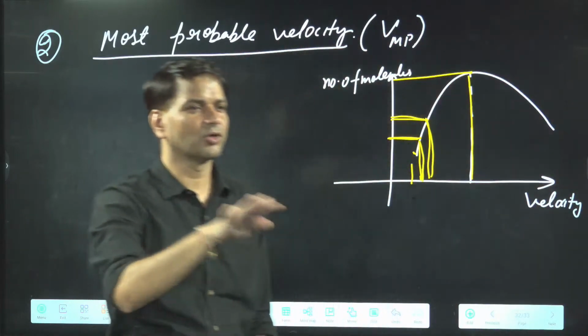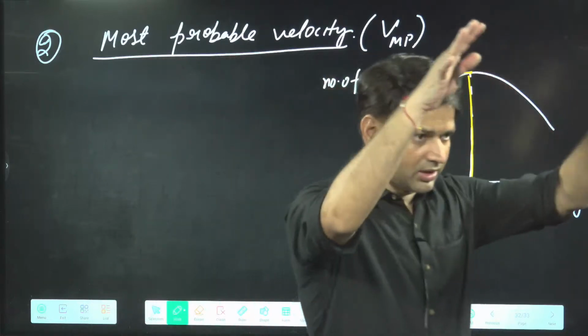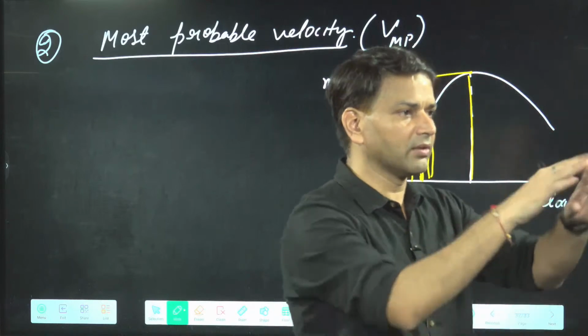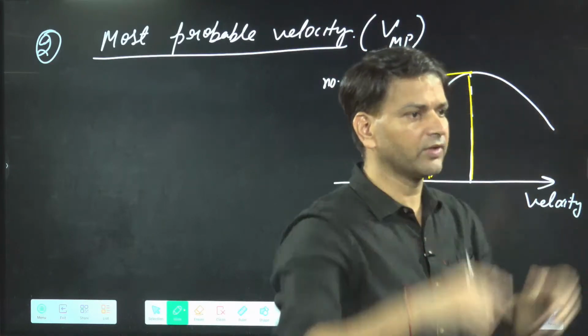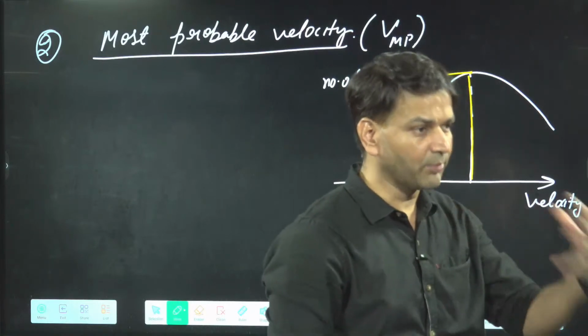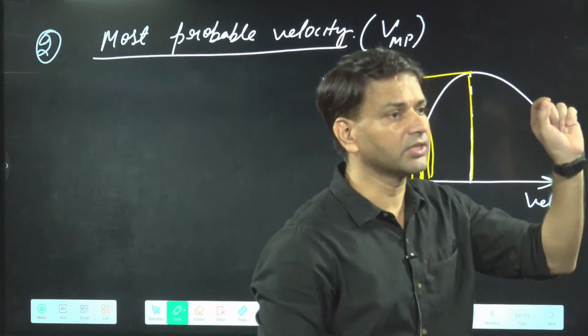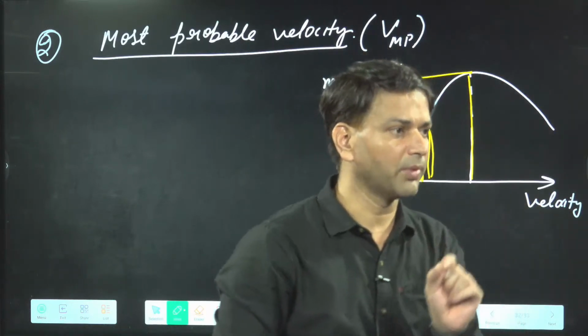But there is no need to know that. So most probable means, suppose you have a container and so many molecules are moving with different velocities. If you randomly pick any molecule, the maximum possibility is that it will move with that velocity. So that is called the most probable velocity.